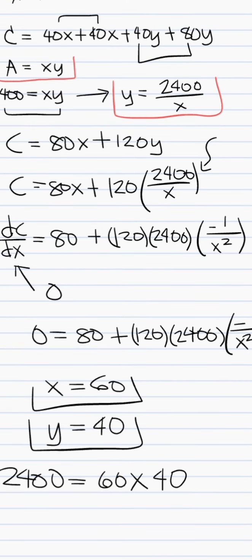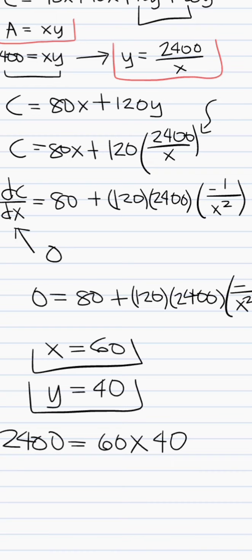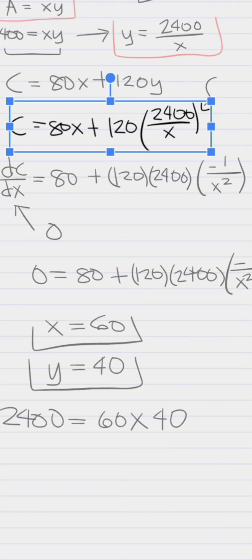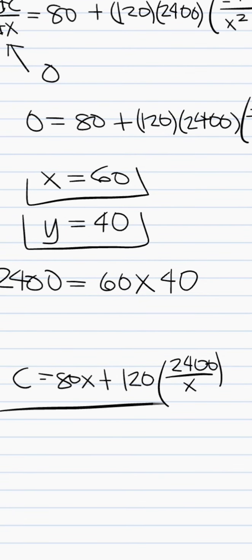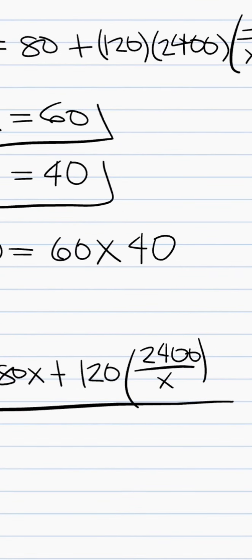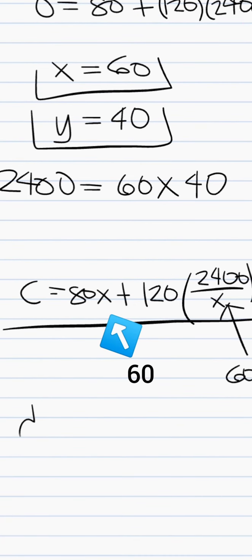That should be true, 2,400. Now how much is the cost? For the cost, we will just substitute the x in this equation that we had. We substitute x here, which is 60. Then the cost would be $9,600.